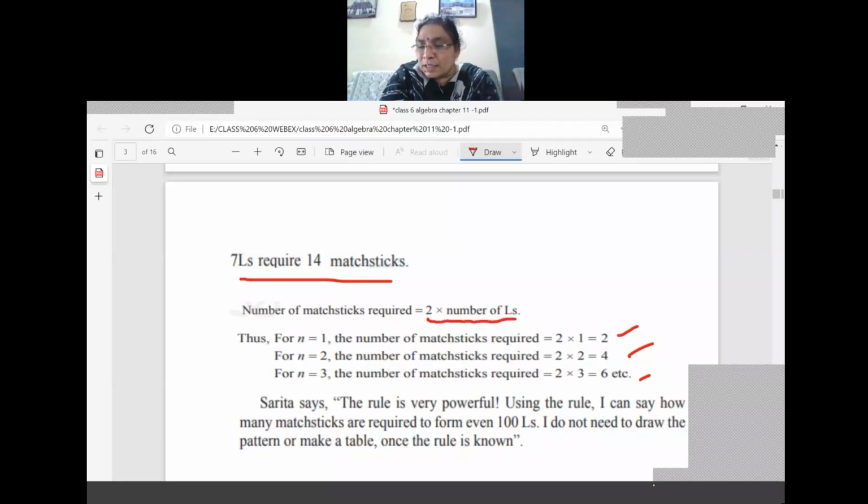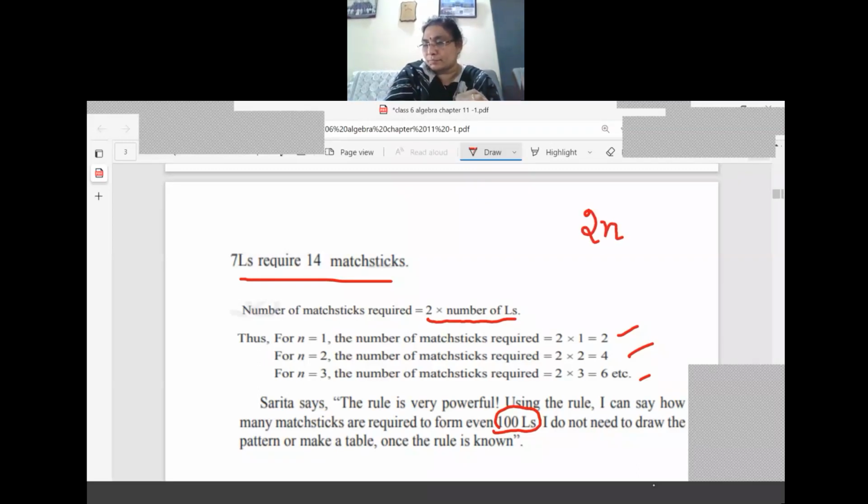So now the question is, she wants to make 100 L's. How many matchsticks will be used? 2 into 100, it is equal to 200. Clear? With the help of algebra, the number of L's we denote by n.